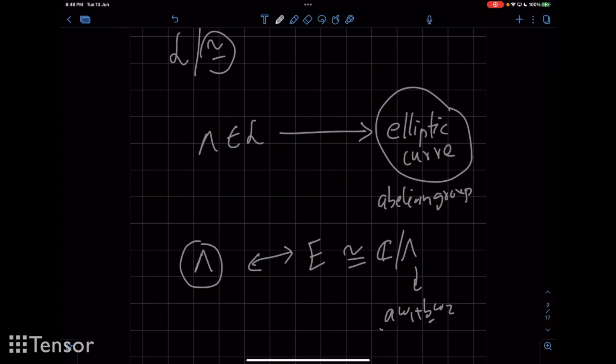Right. So how do you know that the space of elliptic curves has the structure of an abelian group? No, not the space of elliptic curves. If I have an elliptic curve, we can define a group addition on it, and under that addition, the elliptic curve forms an abelian group. So any elliptic curve. Yes, any elliptic curve.